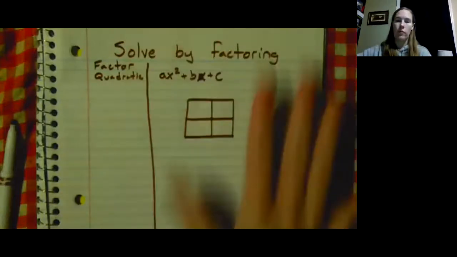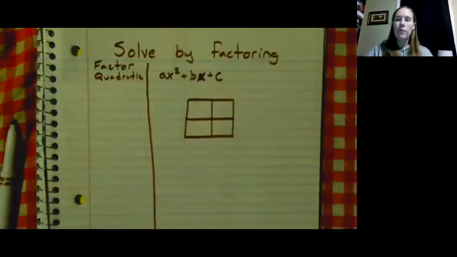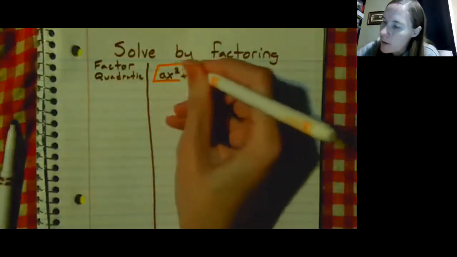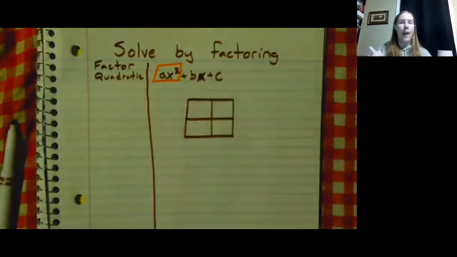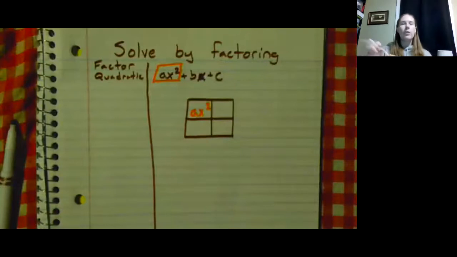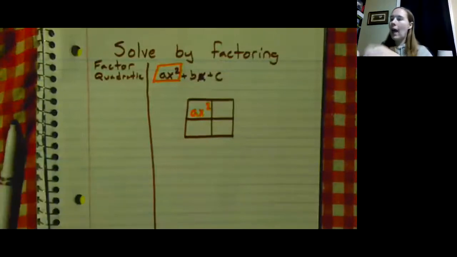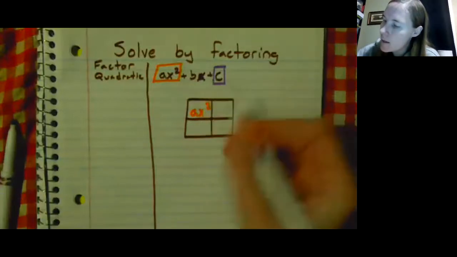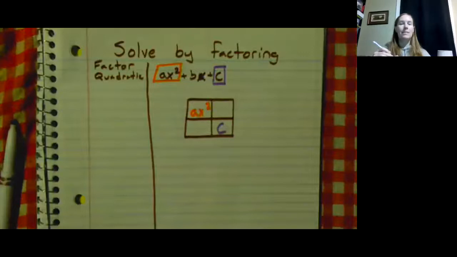So this is just an overview. The first thing we know is that whatever the first part is, the ax squared, is going to go in that first box. And whatever the last thing is, the c, is going to go in your last box.